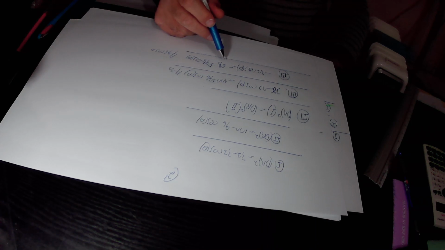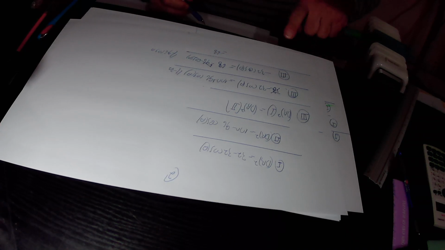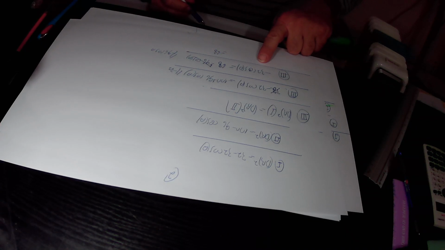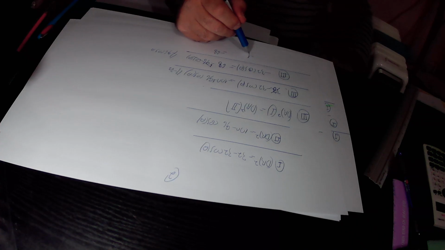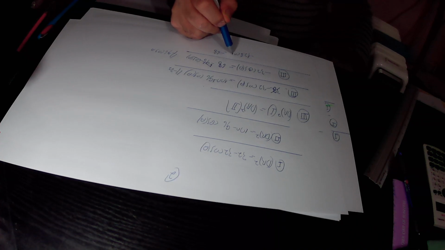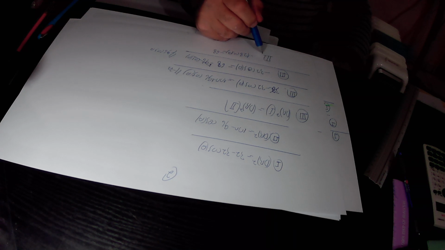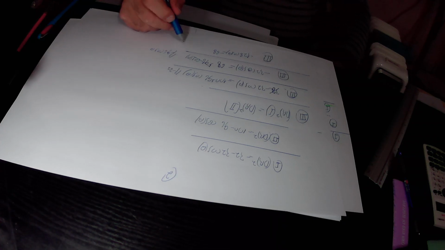So on this side of the equation we will be left with 68, while on the other side of the equation we have minus 32 cosine theta minus 96 cosine theta equals minus 128 cosine theta. So in total we found that according to equation 3, minus 128 cosine theta equals 68. So here we divide this equation by minus 128.